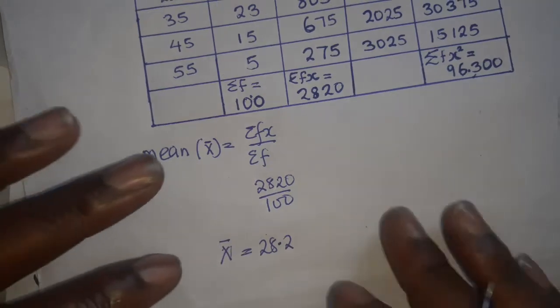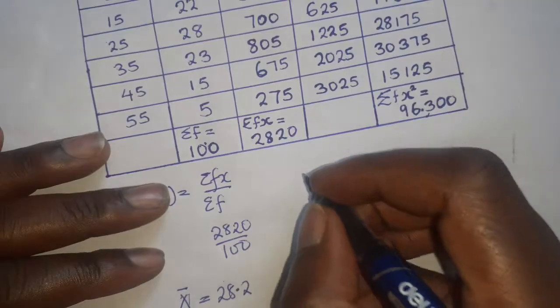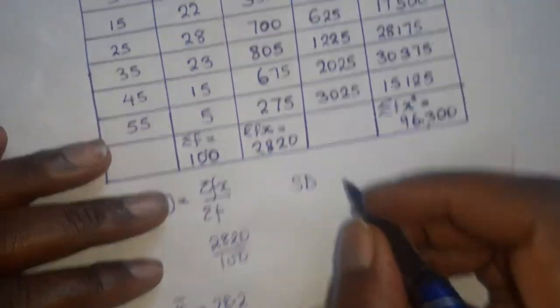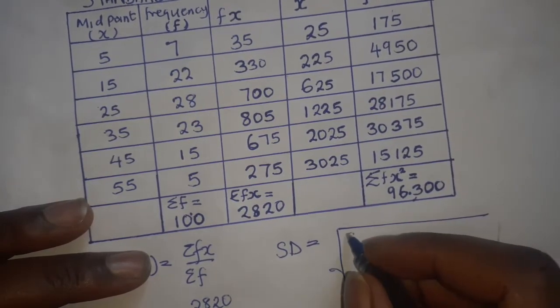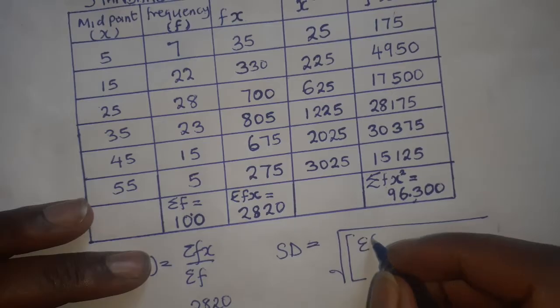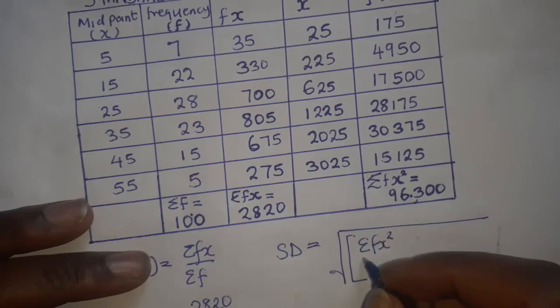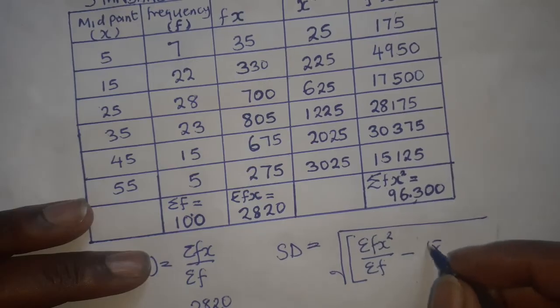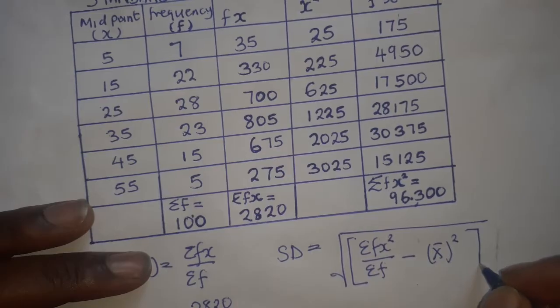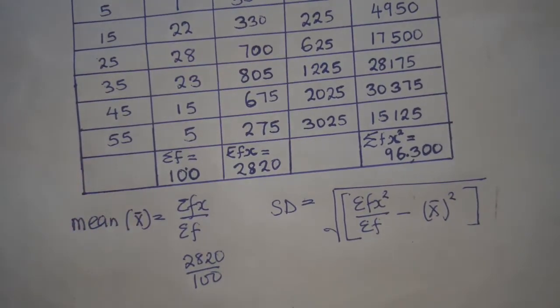And just like I'm telling you, for the formula that we need to find standard deviation, there are 2 formulas that are given. We need this one, summation of f over summation of f minus x bar. This is the formula that I want us to use. These two formulas, like I mentioned, are given in the exam.